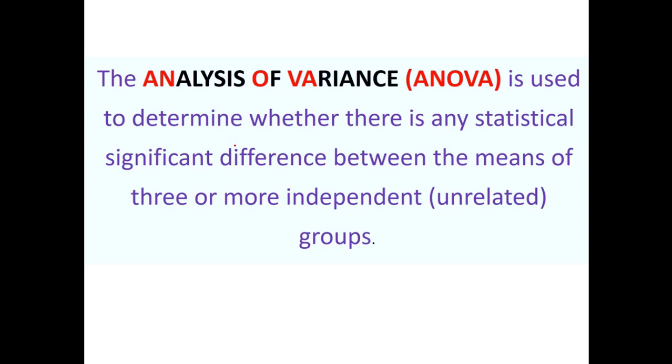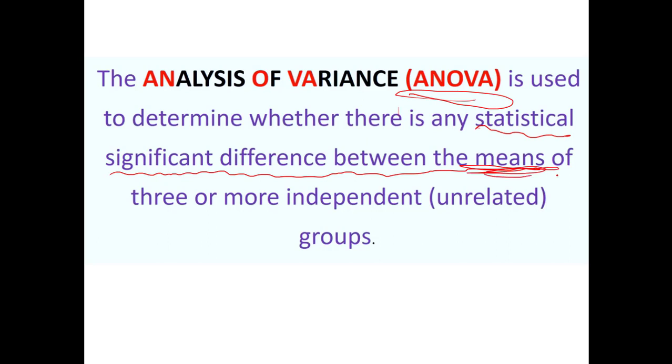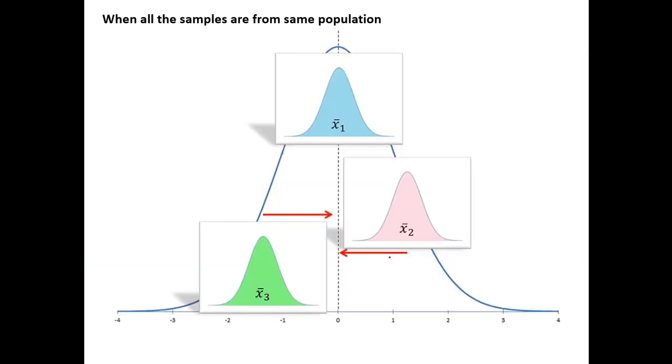So here it is mentioned that the ANOVA technique is used to determine whether there is any statistically significant difference between the means of three or more independent or unrelated groups. Let's try to understand this.